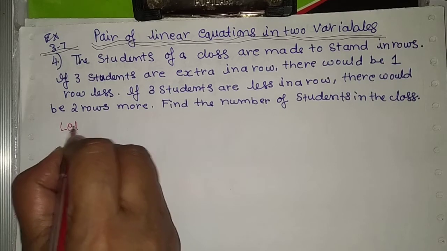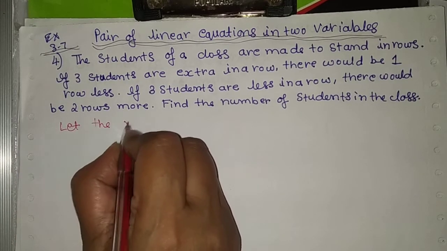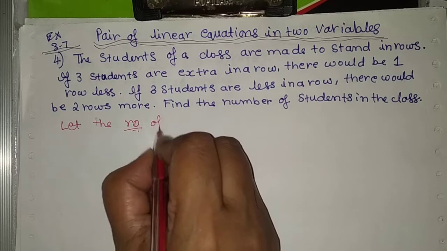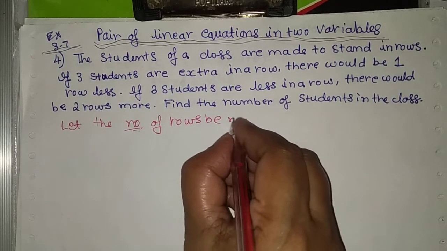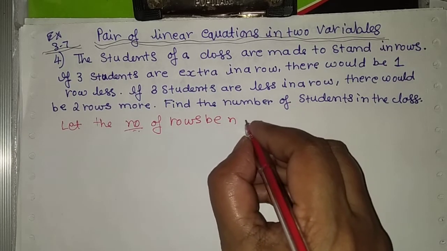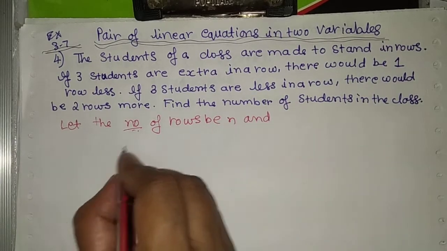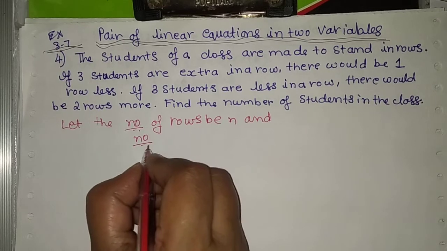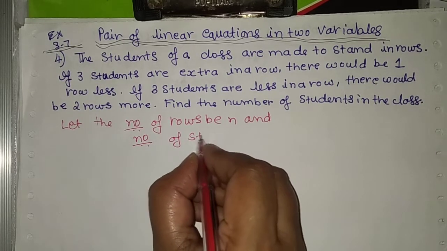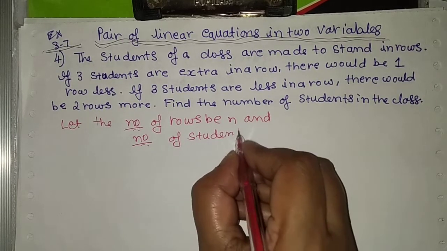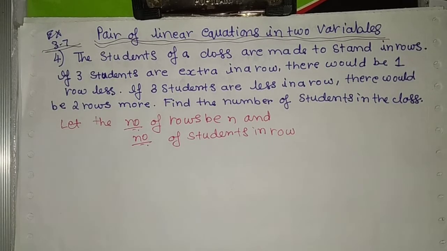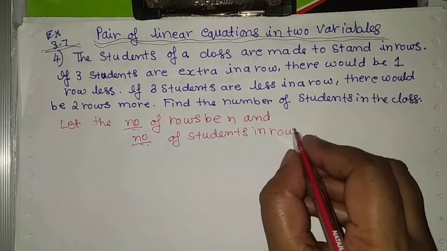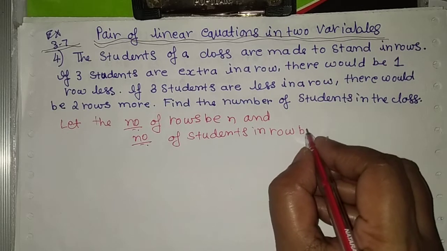First step, let the number of rows be n and the number of students in the row be m.